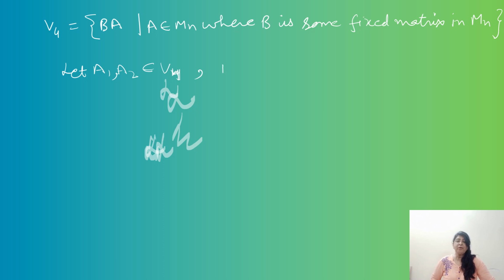So BA1 and BA2 belong to V4. So if alpha into BA1 plus beta into BA2 belongs to V4, we have to show.